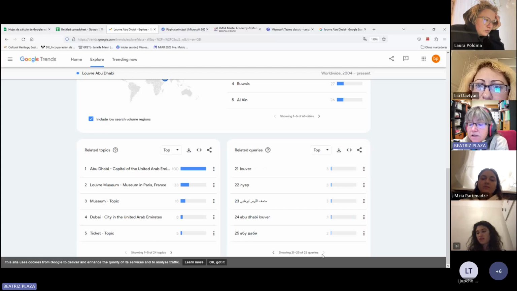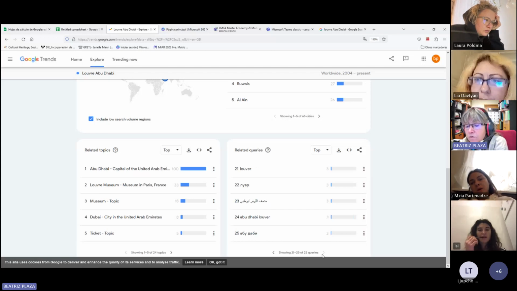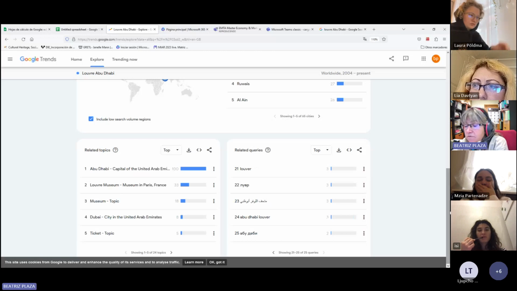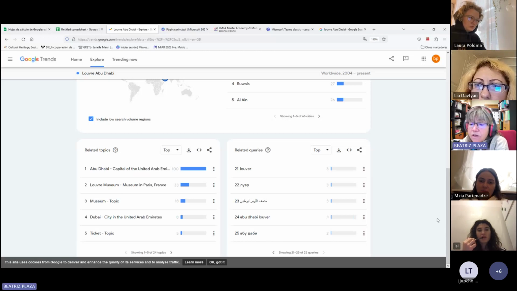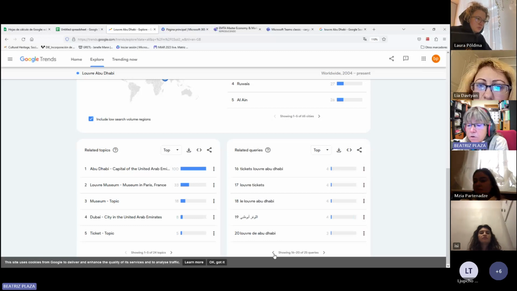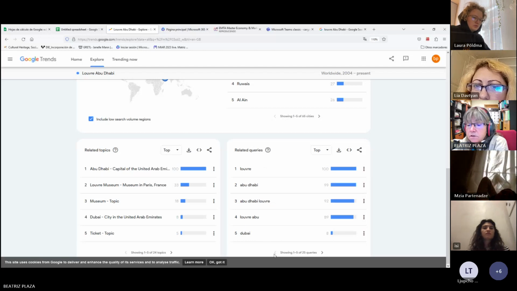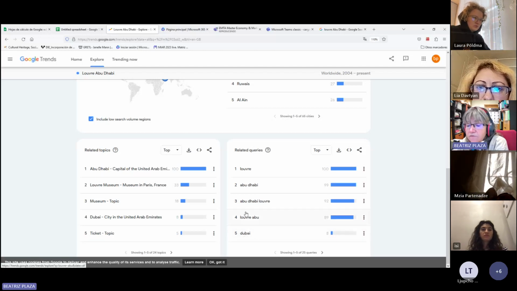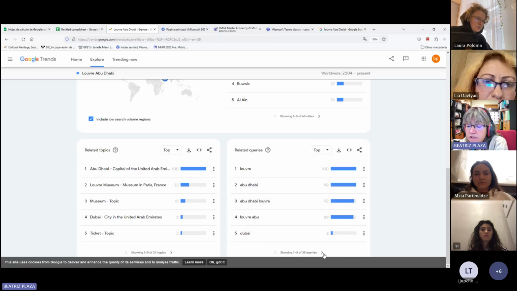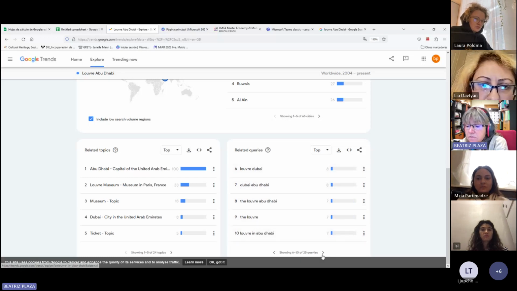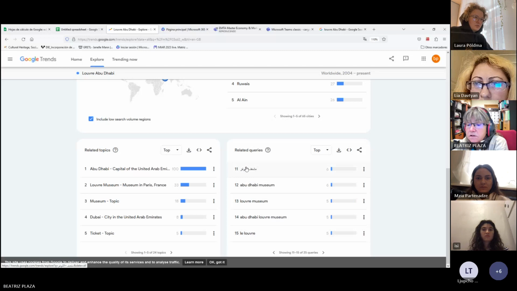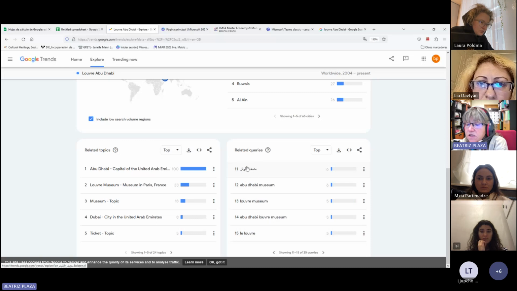Whether they are Googling for the museum itself, or for the ticketing, and the languages. Dubai, for instance, is very close to Abu Dhabi, so it makes sense that it is there. Here, these are searches on Louvre Abu Dhabi, but in Arabic language. Can you see this here?